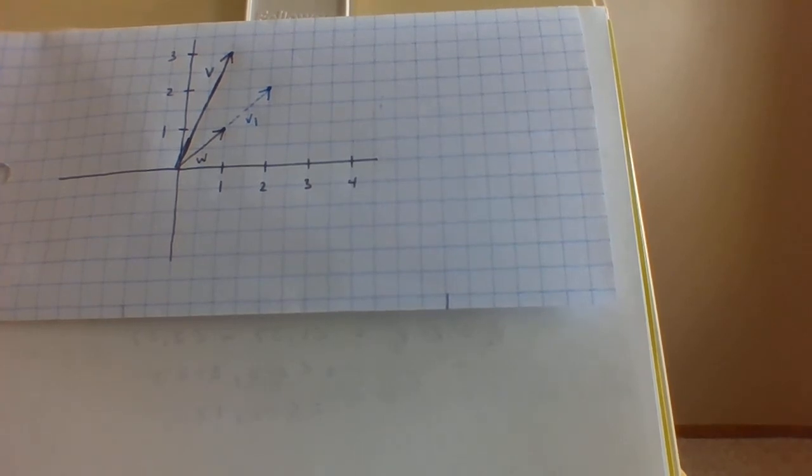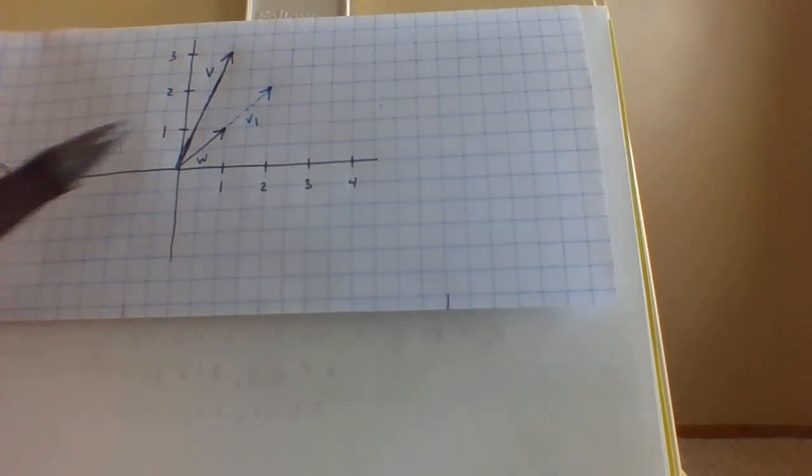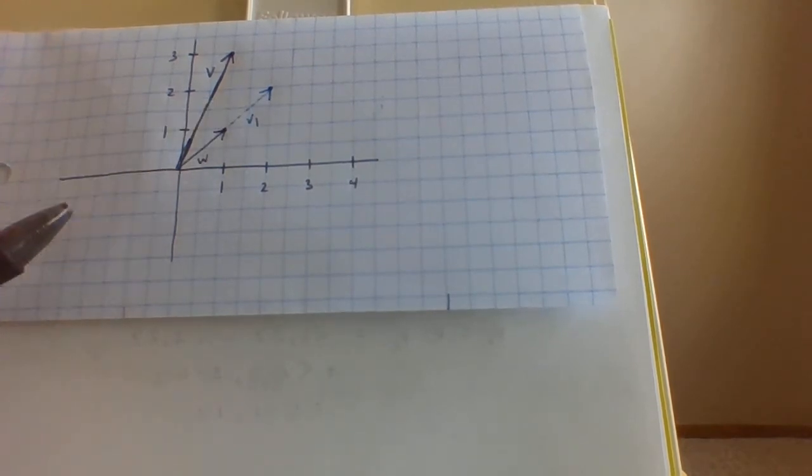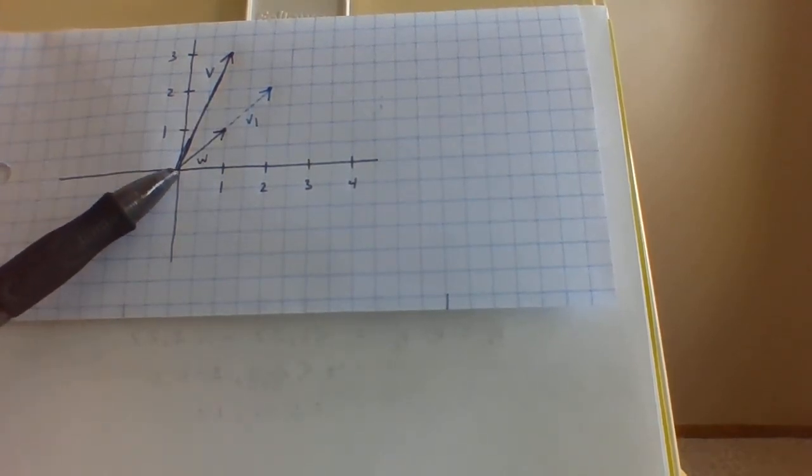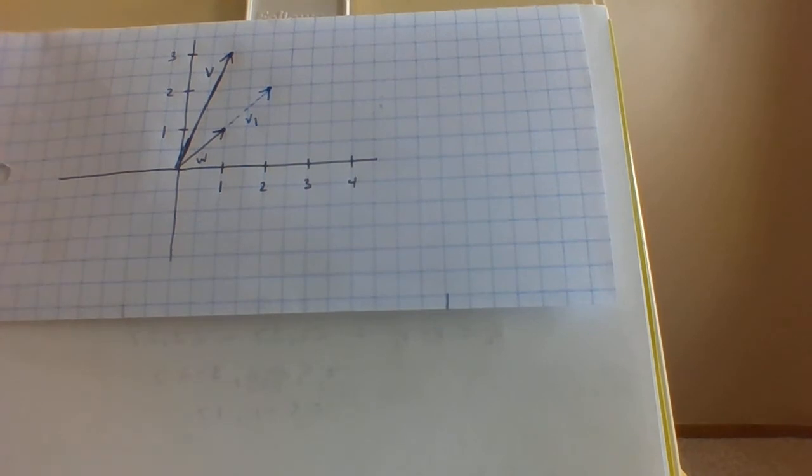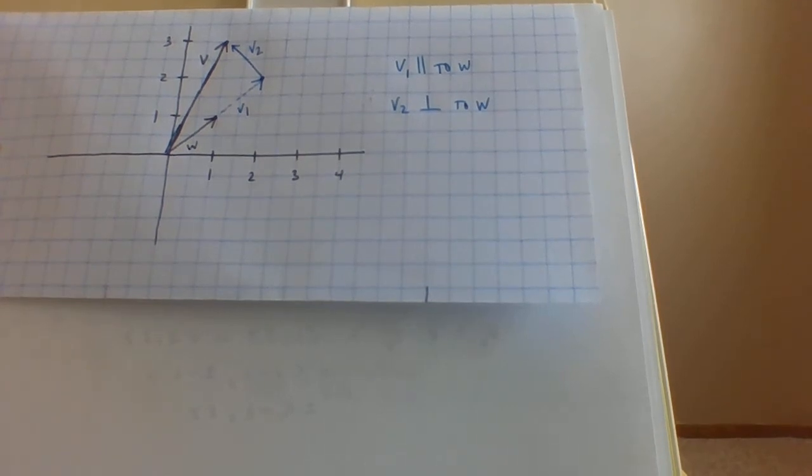V1 was the vector 2, 2. Notice when we draw that on our graph, I drew mine in blue. It is going in the same direction as W, or in this case, it is parallel to W. And if we put V2 on our graph, recall that V2 was the vector negative 1, 1.